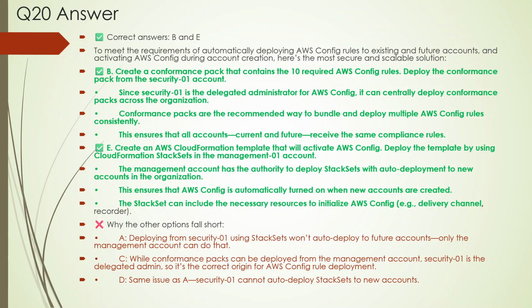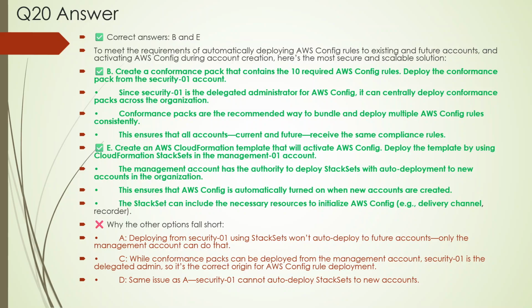Letter E, create an AWS CloudFormation template that will activate AWS Config. Deploy the template by using a CloudFormation stack set in the Management 01 account. The management account has the authority to deploy a stack set with auto deployment to new accounts in the organization. This ensures that AWS Config is automatically turned on when new accounts are created. The stack set can include the necessary resources to initialize AWS Config.